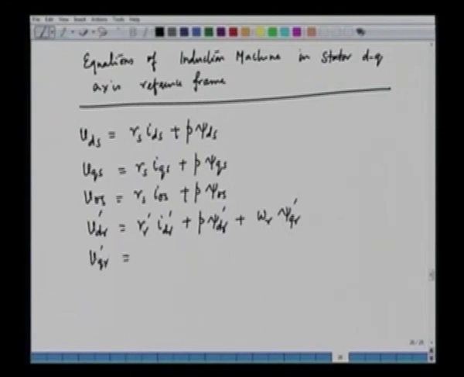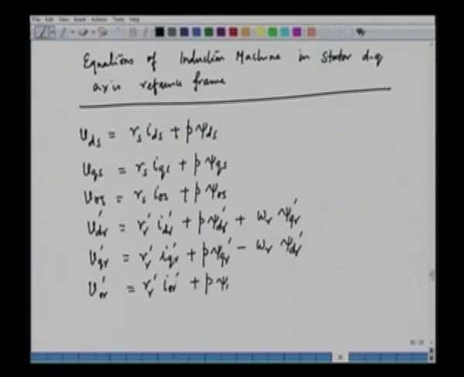VQR prime equal to RR prime IQR prime plus P psi QR prime minus omega r psi DR prime. VOR prime is equal to RR prime IOR prime plus P psi OR prime. Now, these are the equations of an induction machine in stationary DQ reference frame.